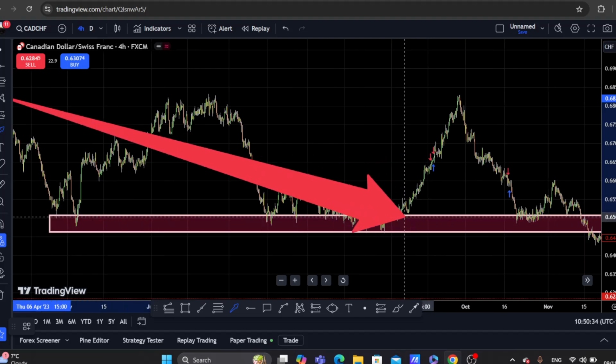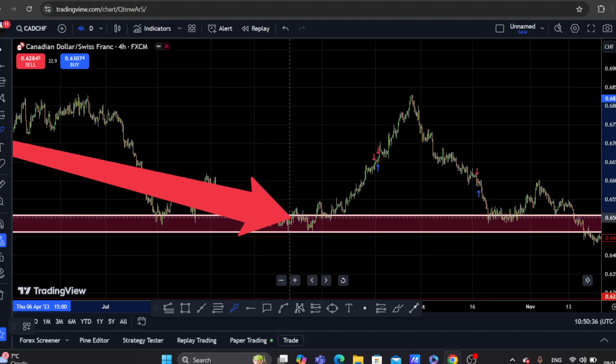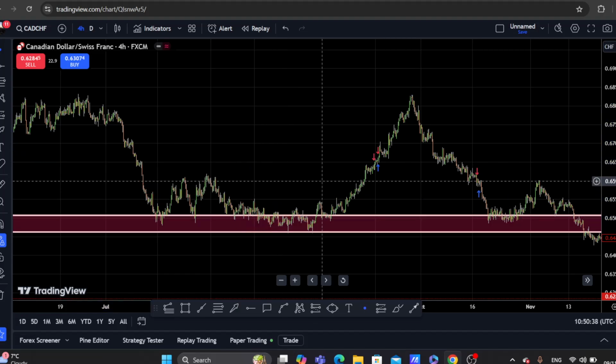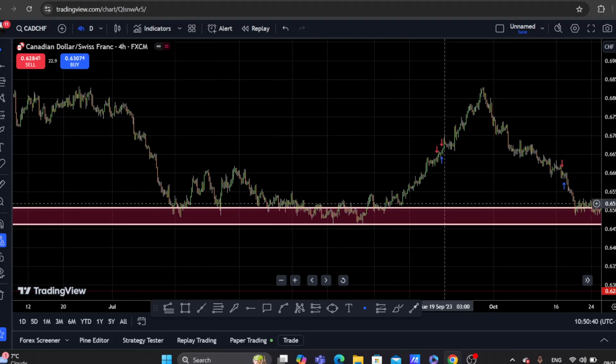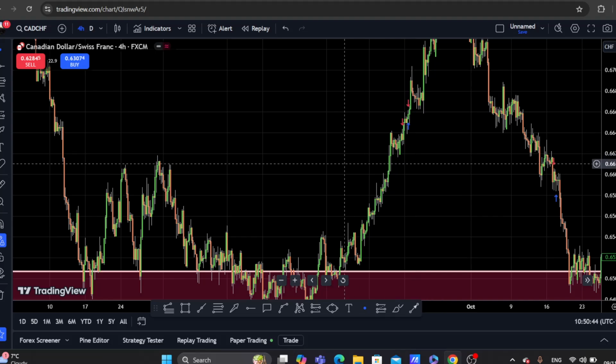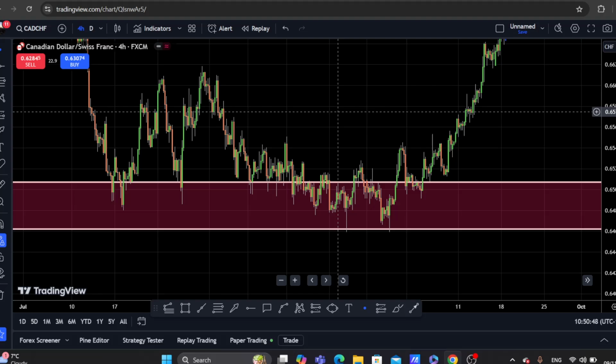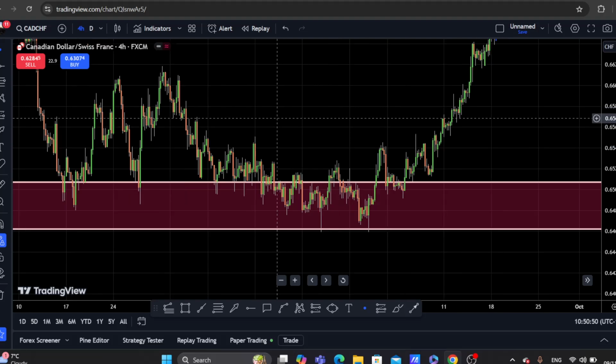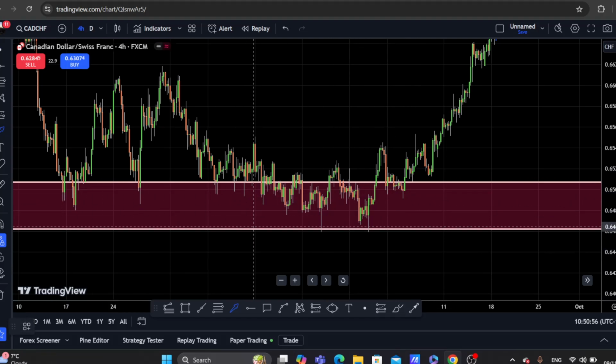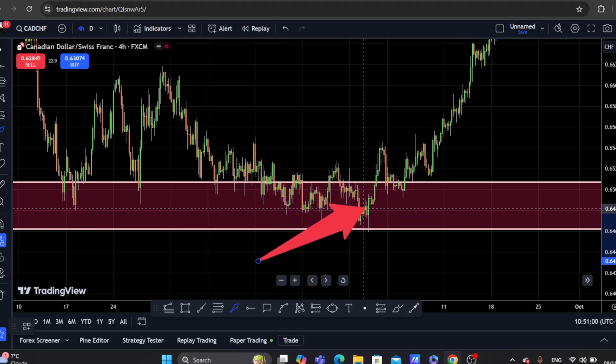If I zoom this out, you will see there are good candles, engulfing candles and pin bars and the rest of them that would have enticed you to take a trade. For example, you've got this beautiful pin bar there, and an engulfing candle there.